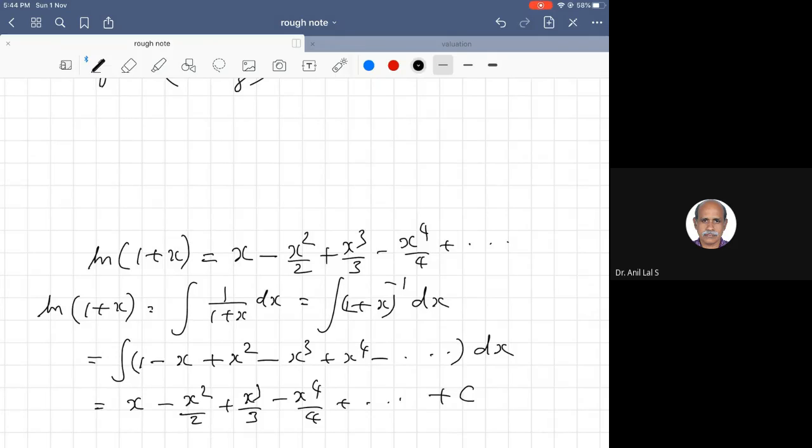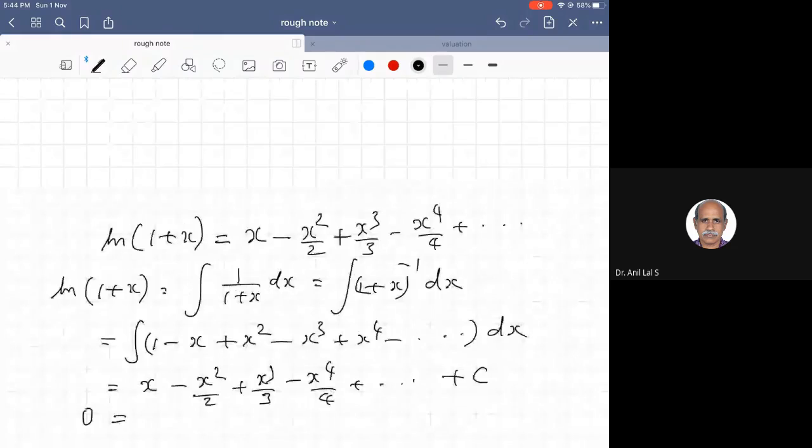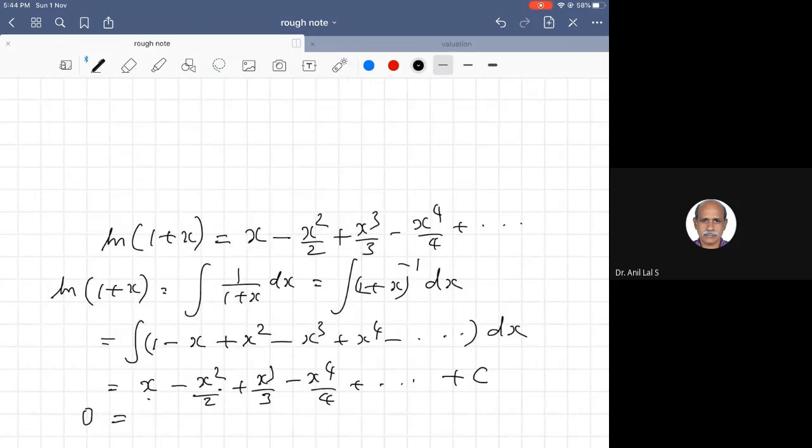And if you substitute x equal to 0, we will have logarithm of 1 plus 0, which is log 1, that is 0. So this is 0, this is 0, this is 0. So 0 minus 0 plus 0 minus 0 plus etc. plus c. That gives you c equal to 0. So this c goes.